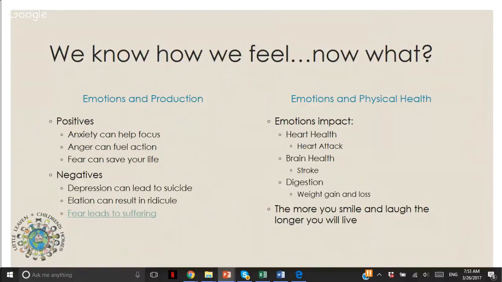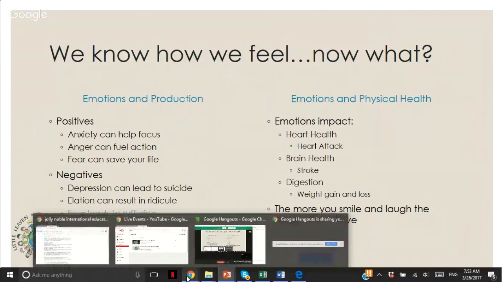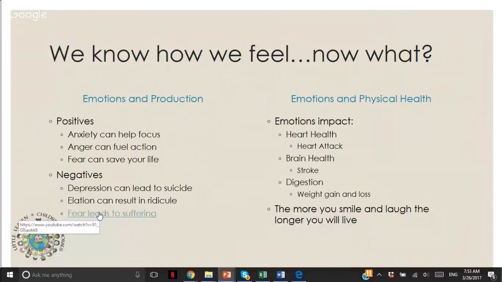Fear, for me, is a real good one, because it's really easy to go the wrong way with fear. And so I want to just demonstrate that with a little thing we got here. I'm just going to press this here.